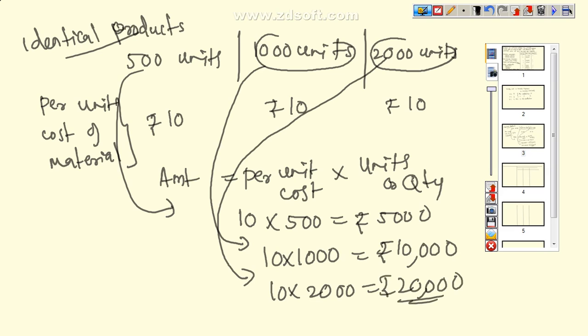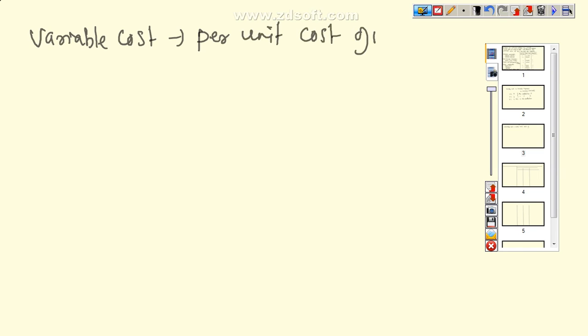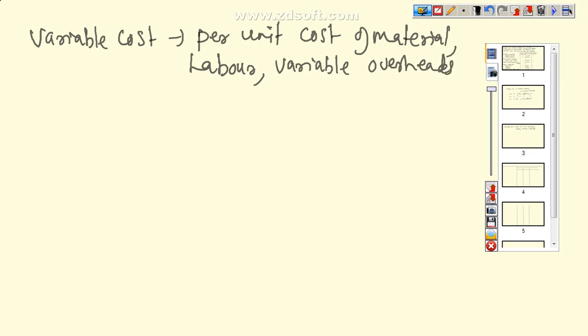Now what is the conclusion we can make? That is, in case of variable cost, per unit cost of material, labor, variable overhead remain constant, but amount will vary.